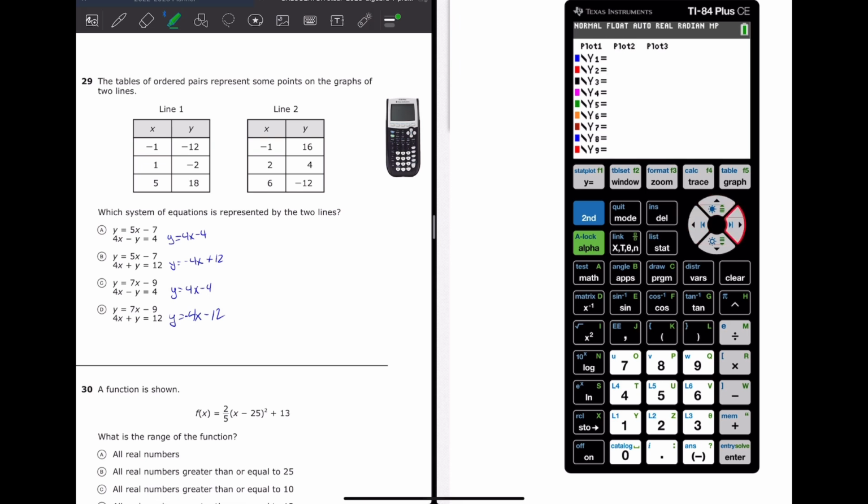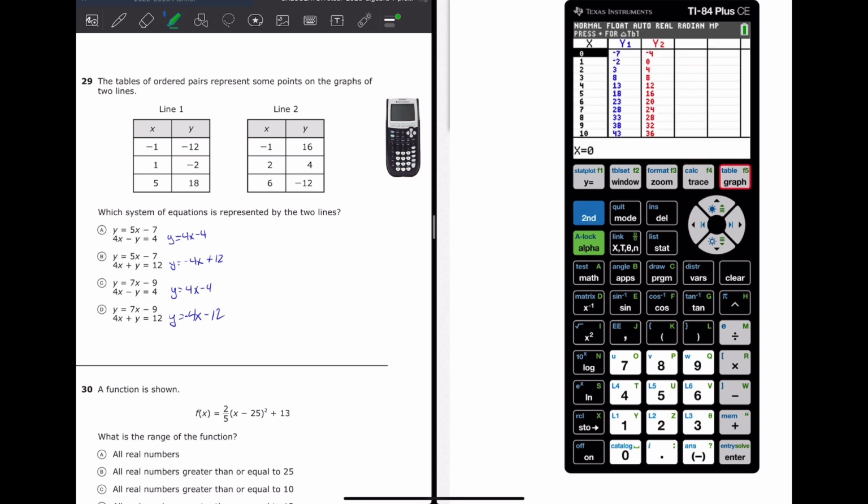And then check your tables. Does not match.